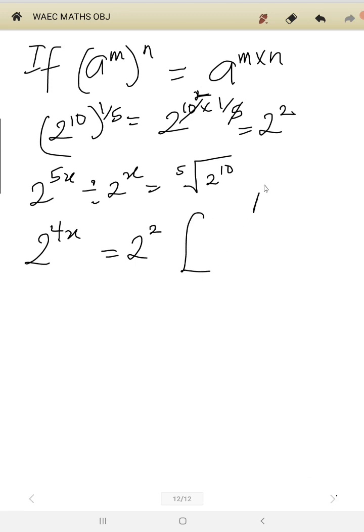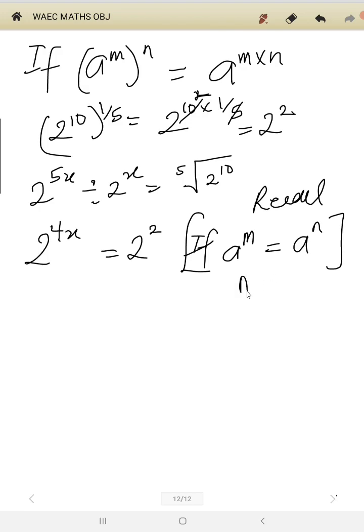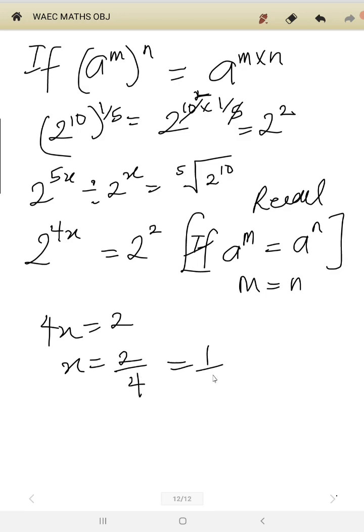Still recall another law. Recall that if a raised to power m is equal to a raised to power n, this is in the indicial equation law, he said m will be equal to n because they have the same base. So therefore, 4x will be equal to 2, meaning that x is equal to 2 over 4, which is equal to 1 over 2.